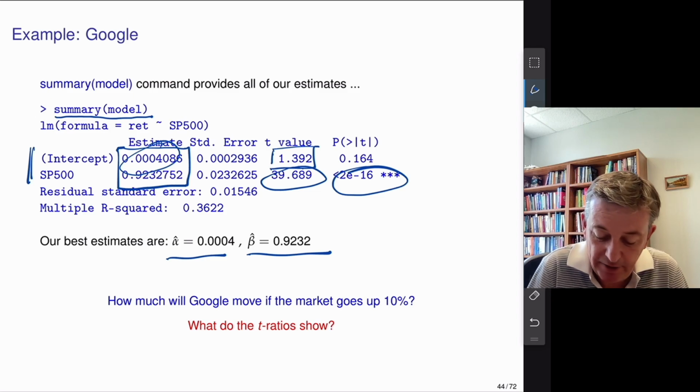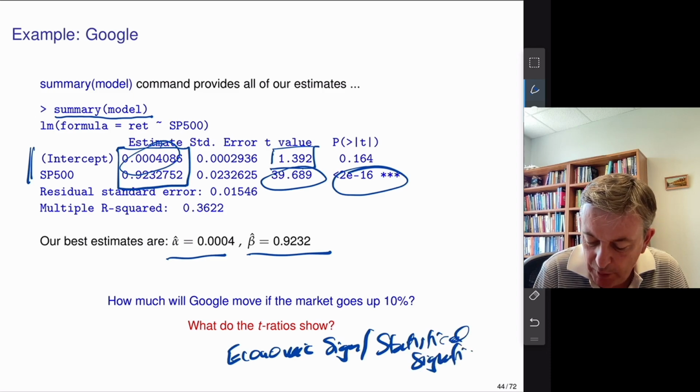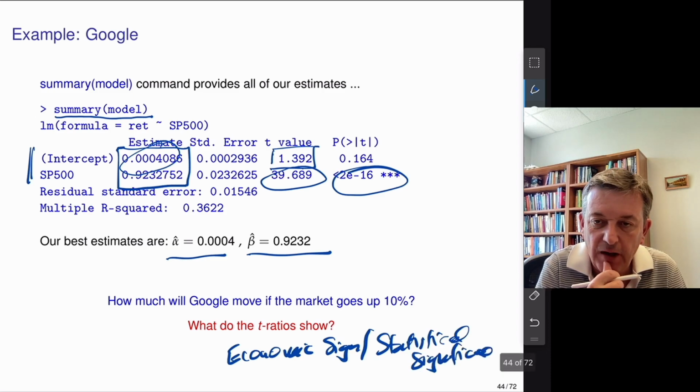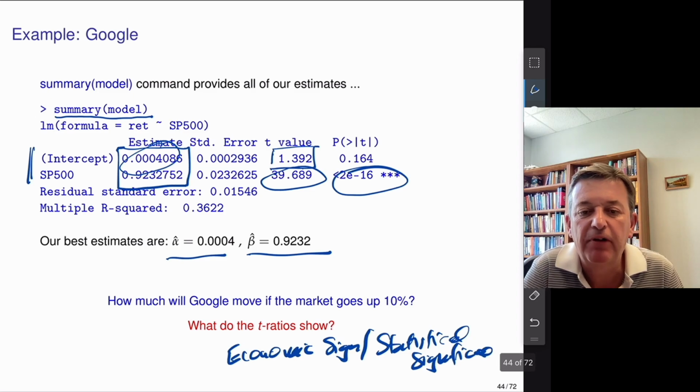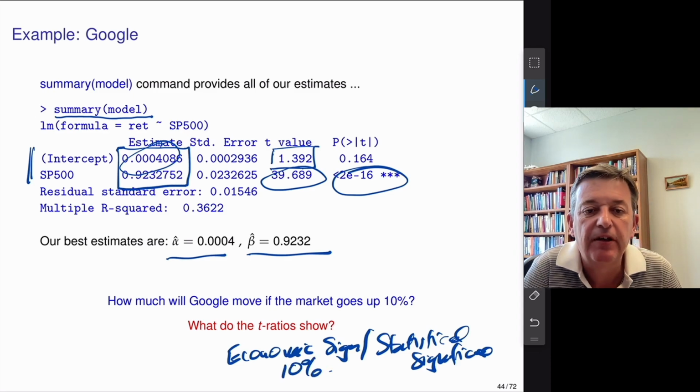So there's an economic significance versus a statistical significance. And again, without more data, we're not going to measure accurately what that alpha is. So in this case here, it's about an extra 10% a year.